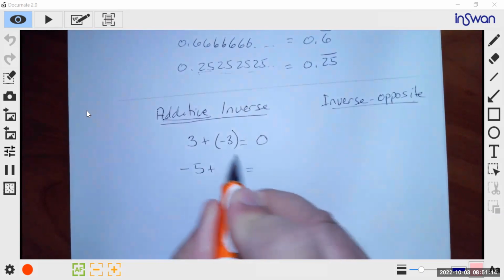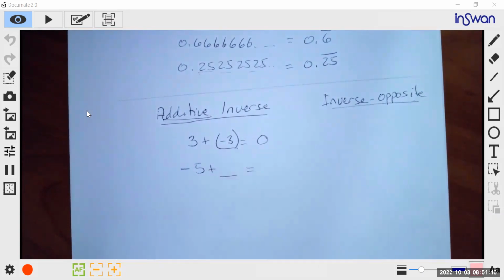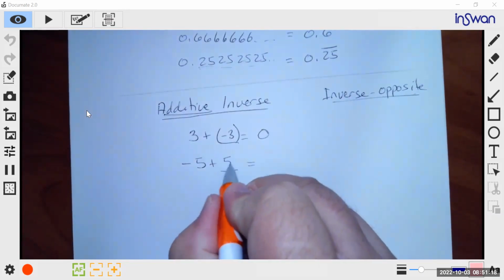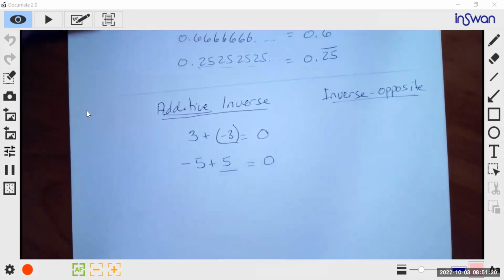What's the additive inverse of -5? +5. Because when you add them together, it has to equal 0.